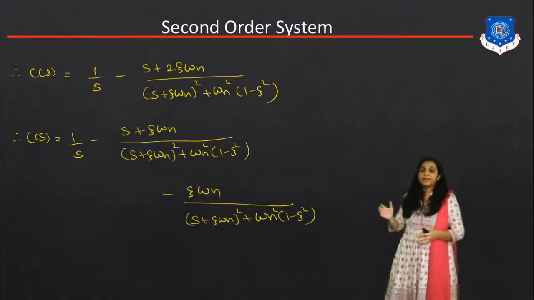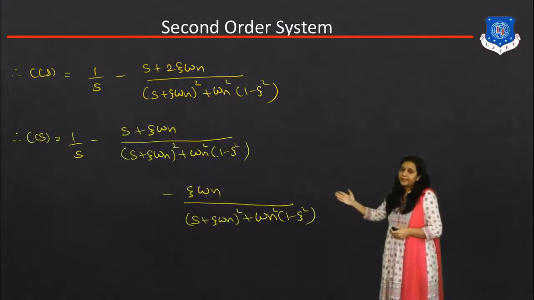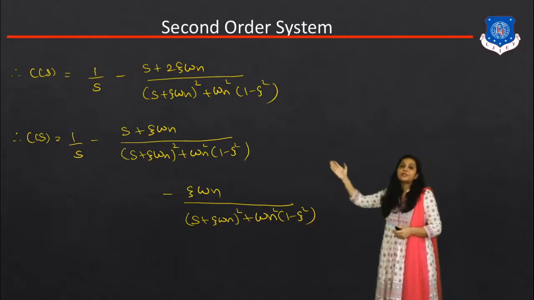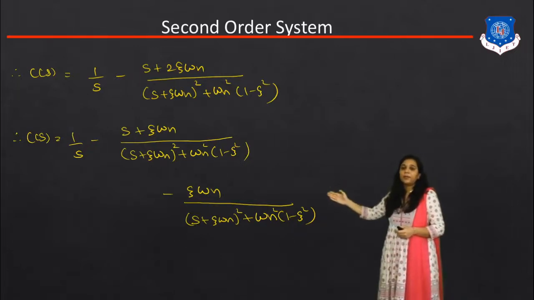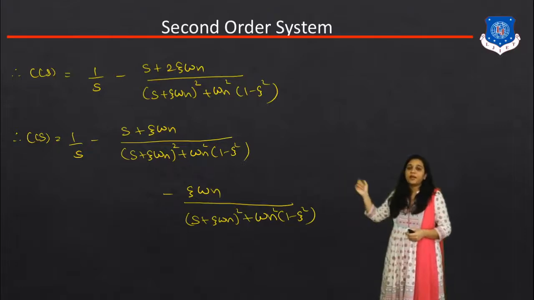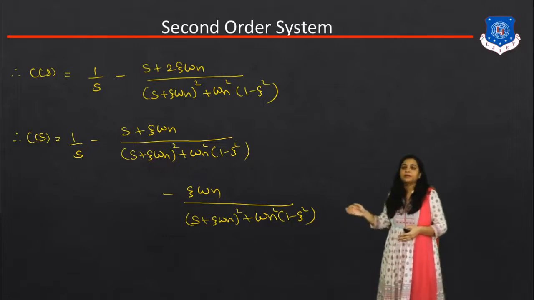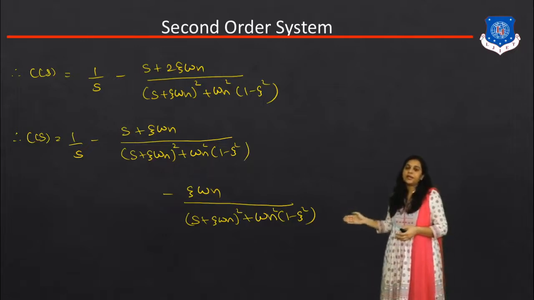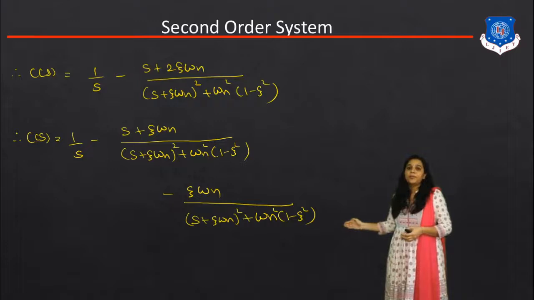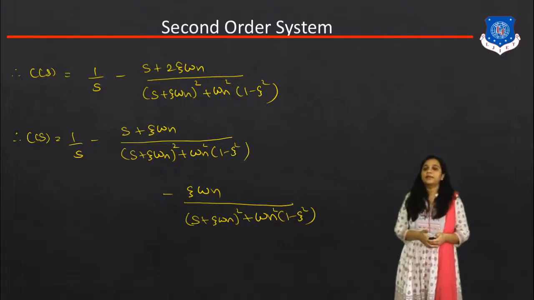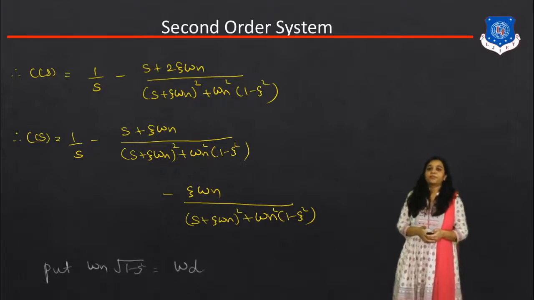So we get C(s) equal to 1 by s minus (s + 2 zeta omega n) upon (s + zeta omega n) whole square plus omega n square (1 minus zeta square), minus zeta omega n upon (s + zeta omega n) whole square plus omega n square (1 minus zeta square).